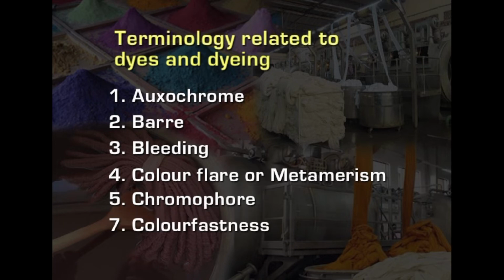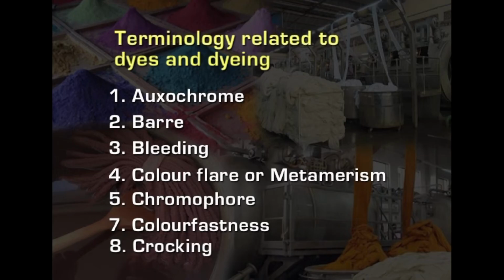Color fastness is the term used to indicate the durability of color on fabric to various conditions such as washing, crocking, sunlight or perspiration, etc. Crocking is color loss from the colored materials by rubbing.